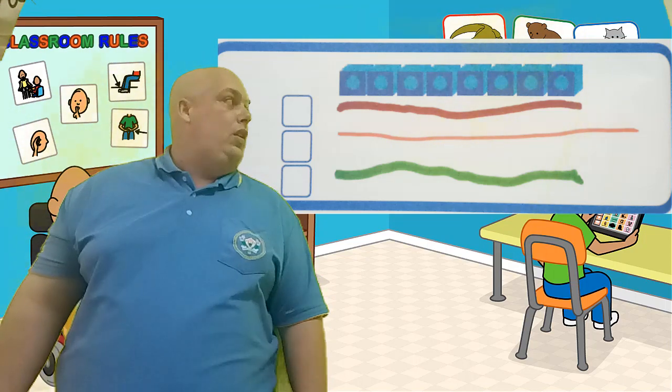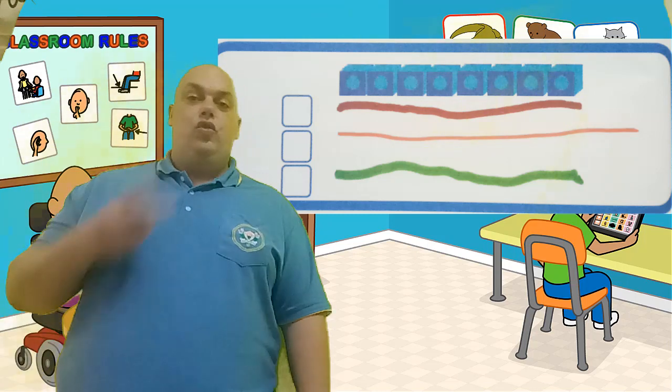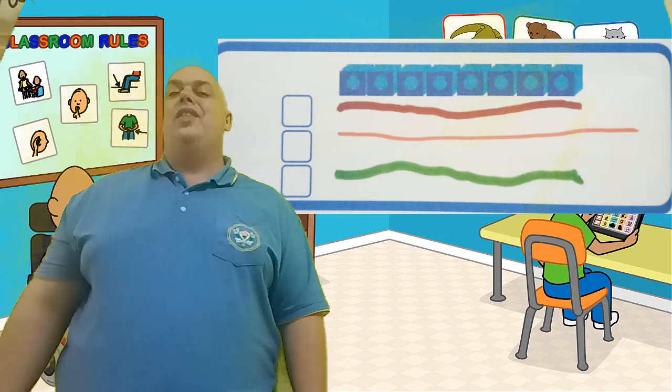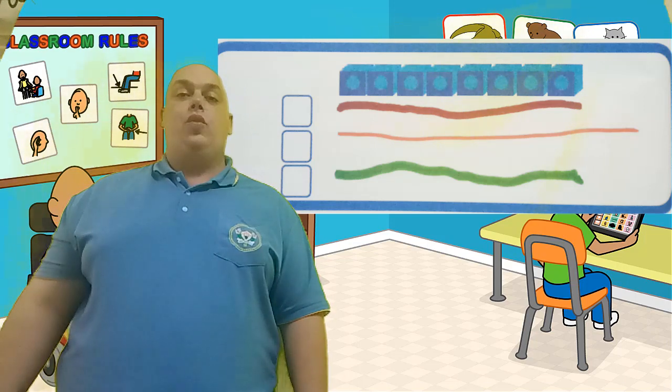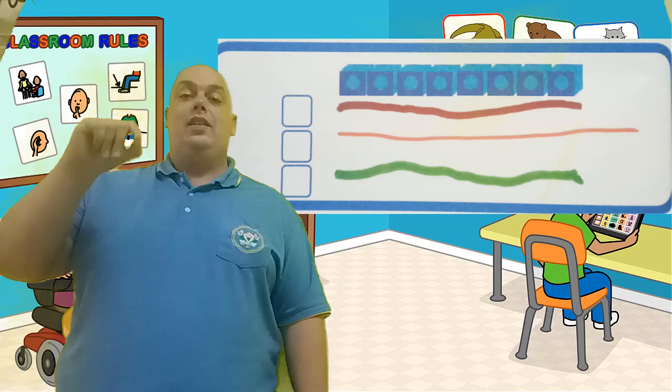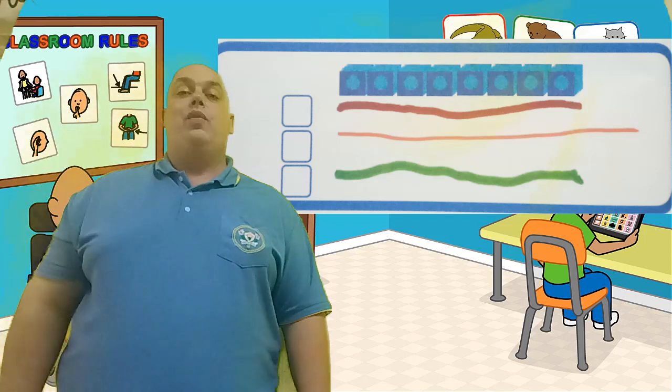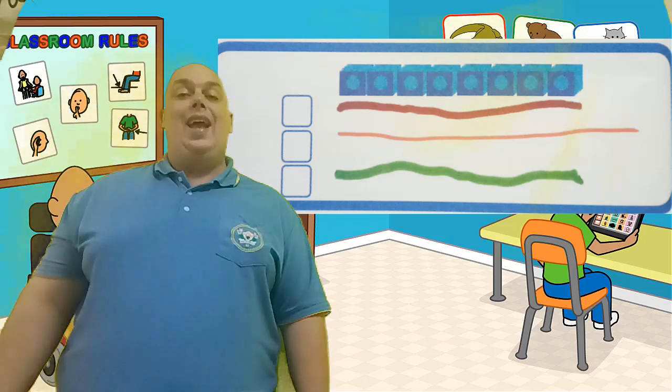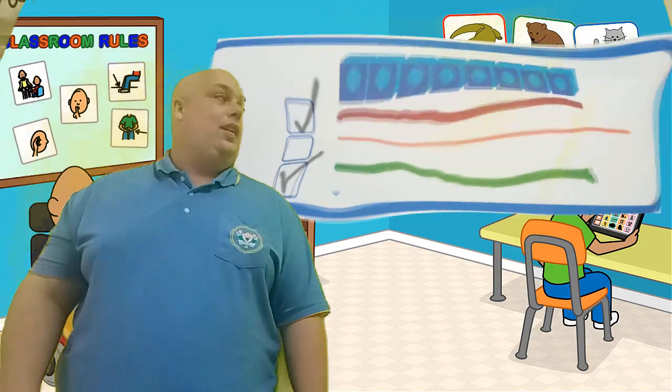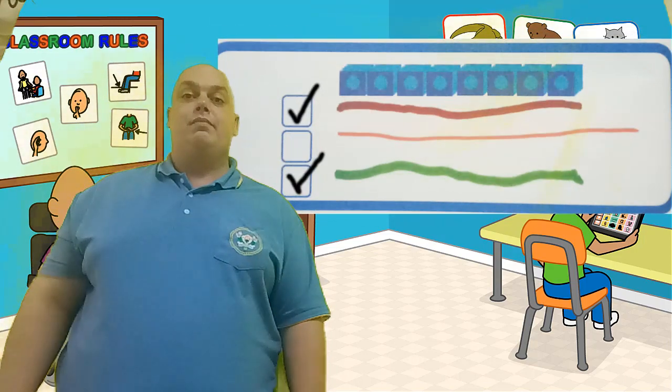All right, well, let's have a look. 2 of these strings are the same. The red one and the green one are the same as the blocks. So I want you to put a tick in front of the green one and the red one, just like this.